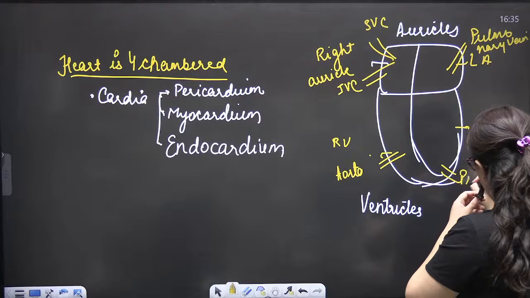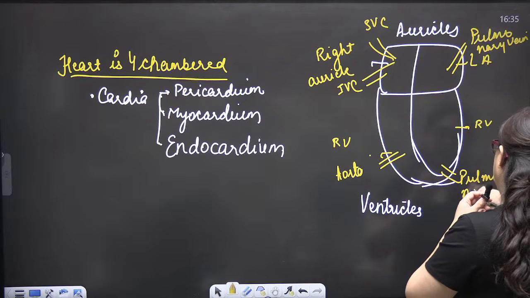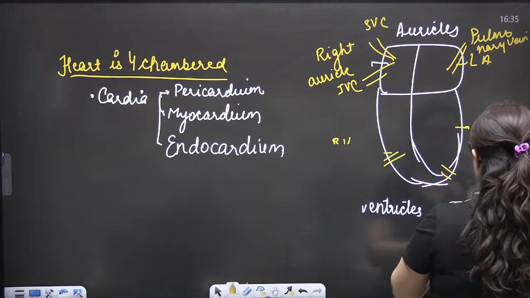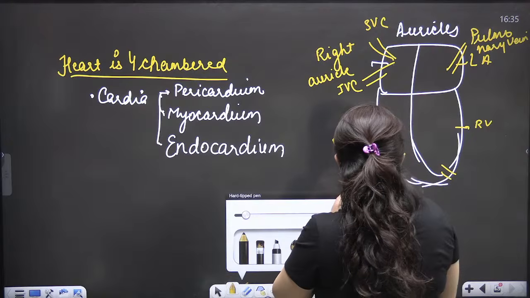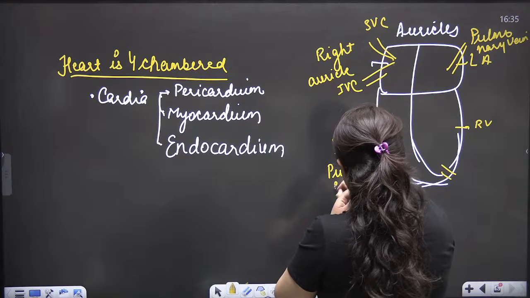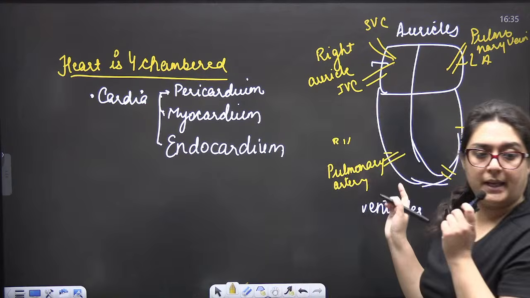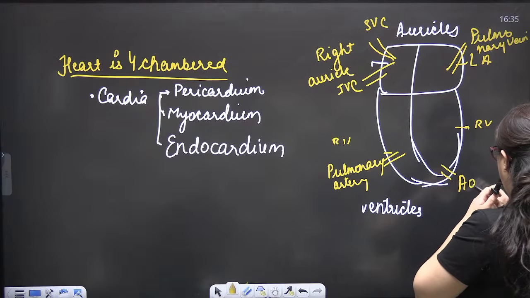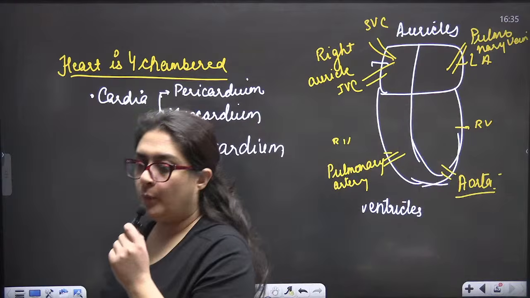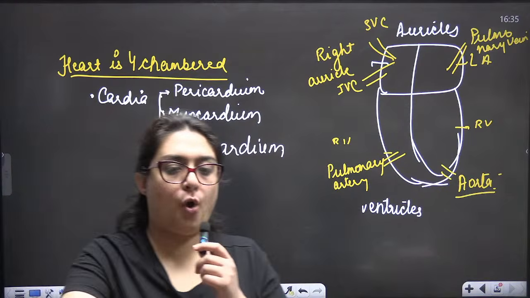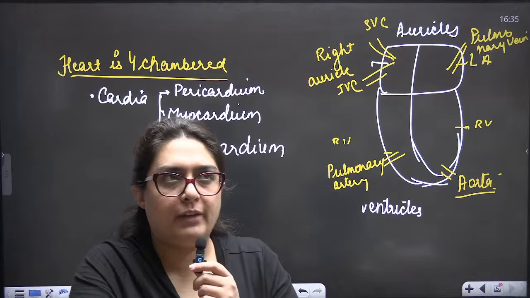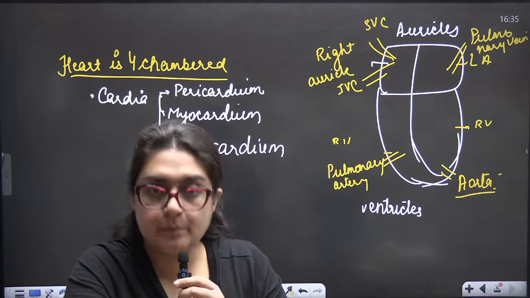Now you very well know that arteries always carry oxygenated blood except pulmonary, and all veins carry deoxygenated blood except pulmonary.